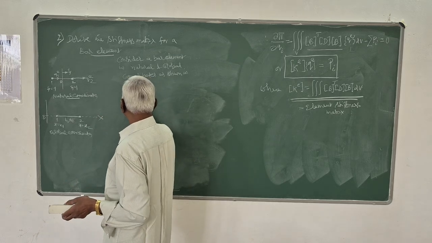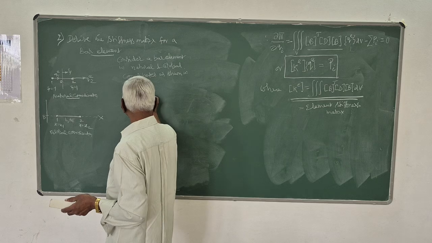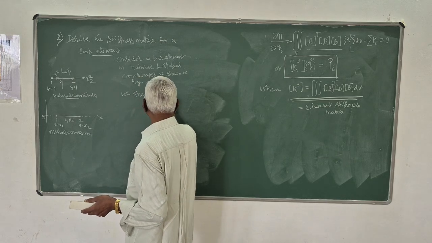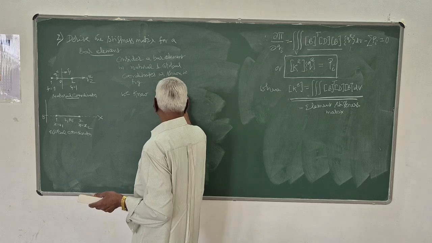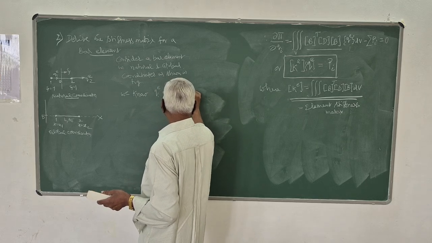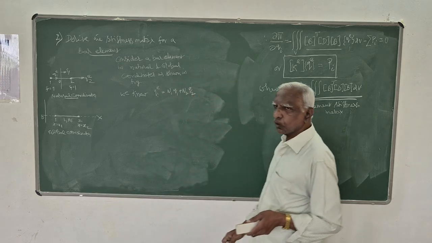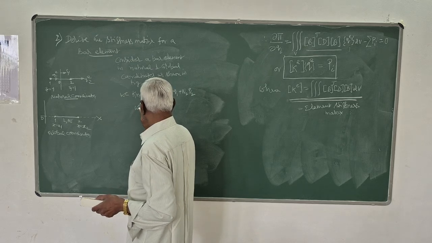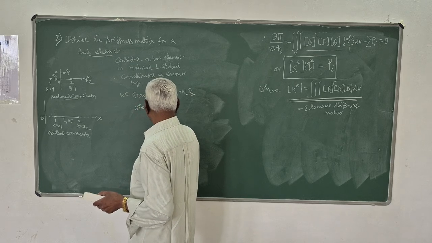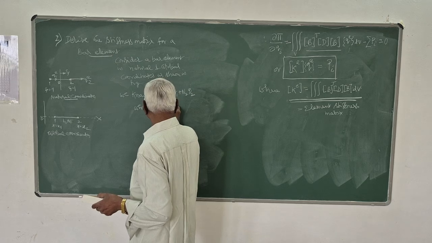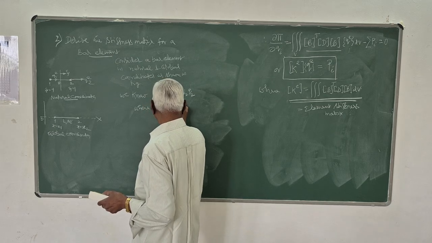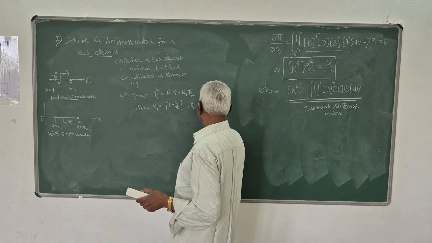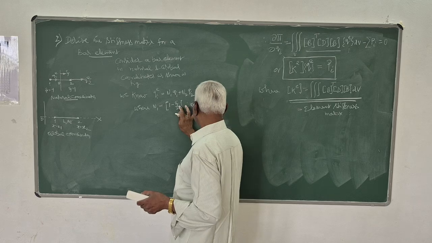Now, we know q of the element at any point is given by N1 q1 plus N2 q2. Already have derived this, where N1 is (1 minus ξ) by 2 and N2 is (1 plus ξ) by 2.